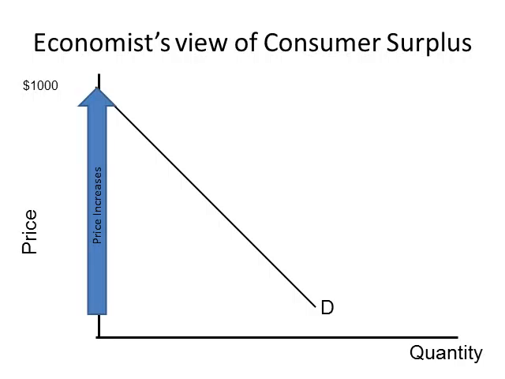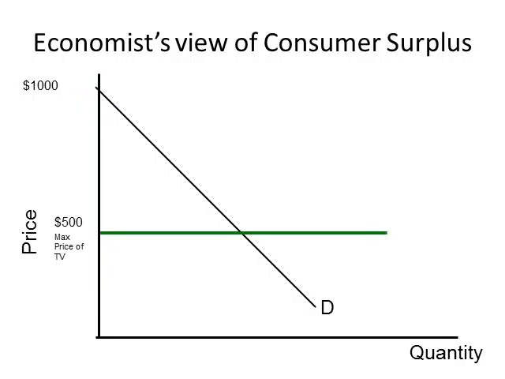Also notice that the demand curve is downward sloping. Also remember that unlike previous demand curves you may have encountered, this one crosses the price axis at $1,000. The $1,000 represents the maximum amount that somebody is willing to pay for a high-definition television set. Finally, the market price is $500.